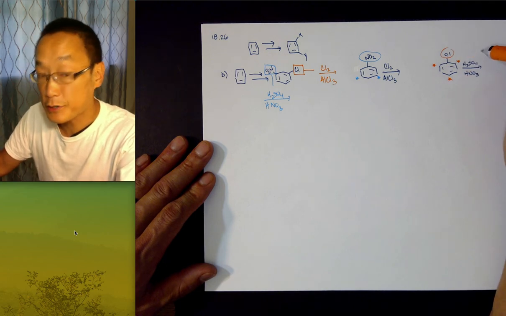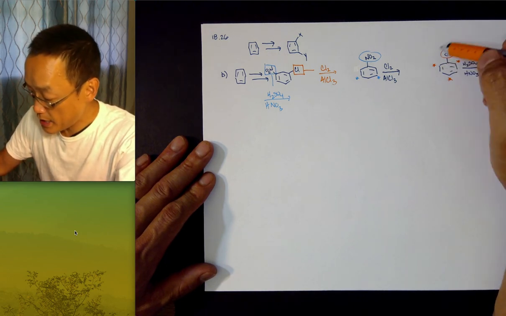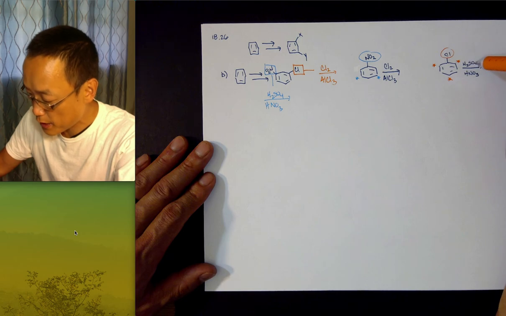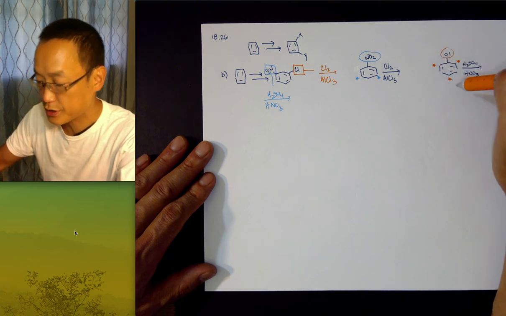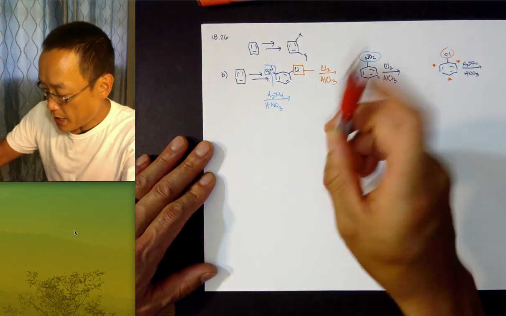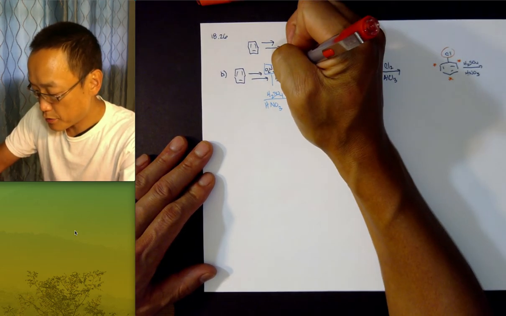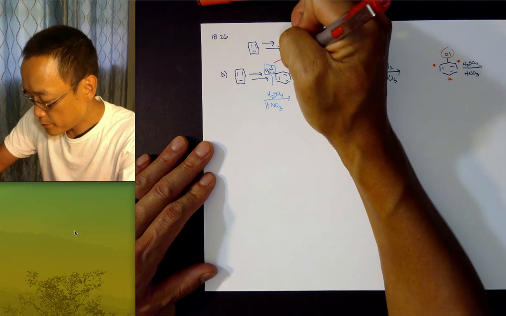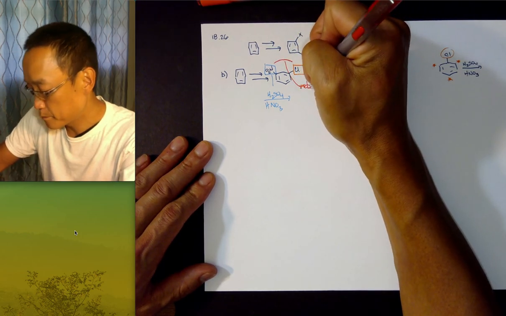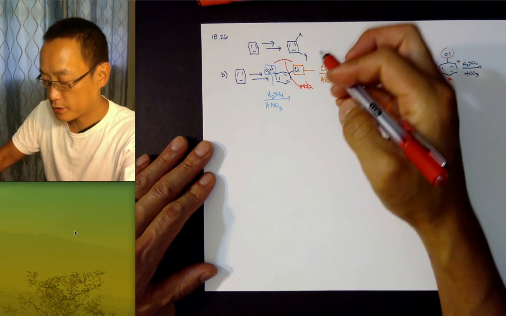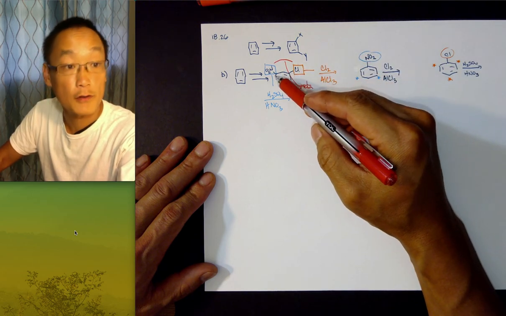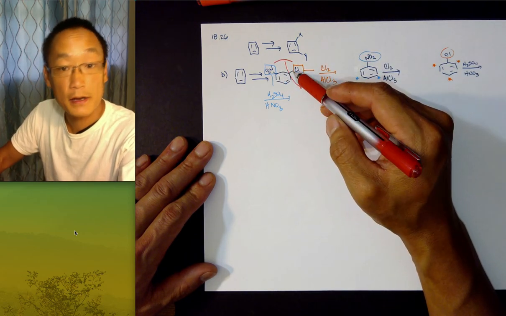It's one of those exceptions. That situation would direct the NO2 group to these positions here. I'm asking about the relationship between these two substituents, and they appear to be ortho or para to one another, not meta.